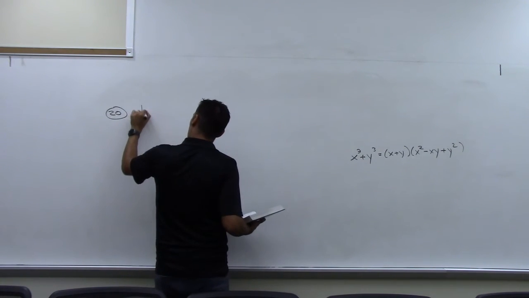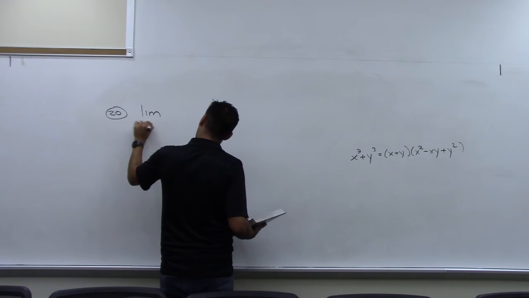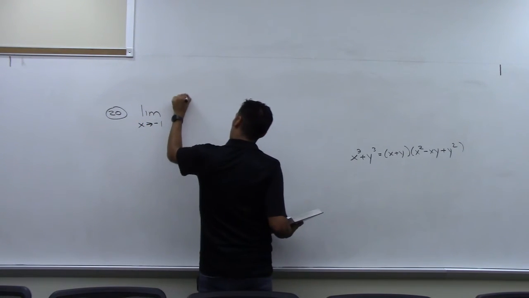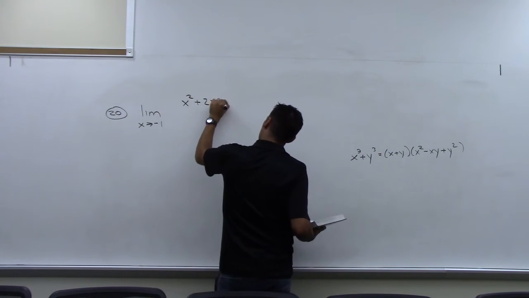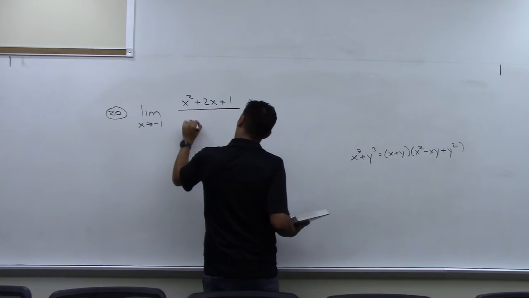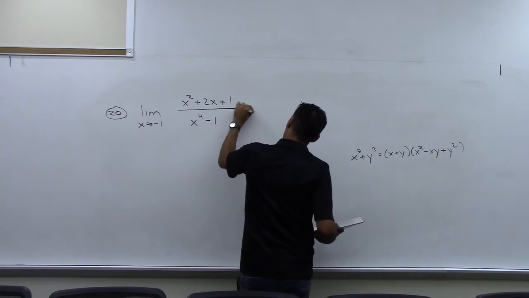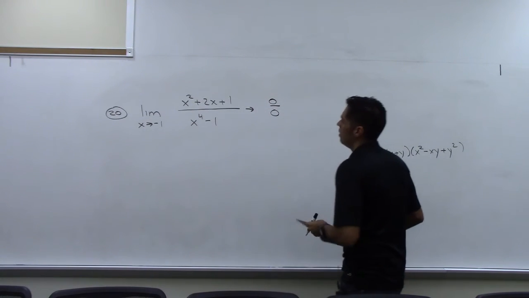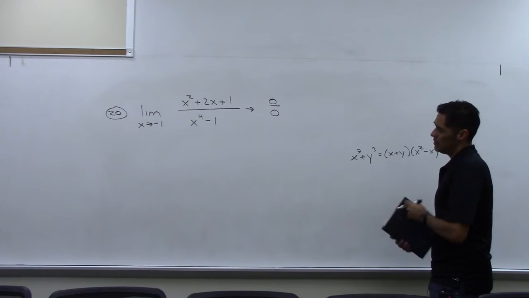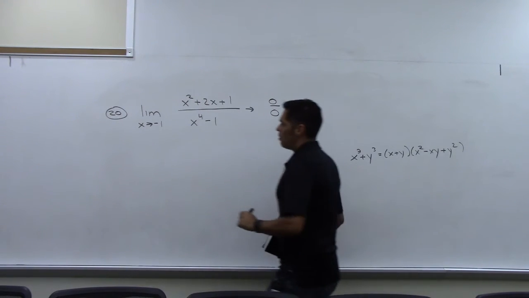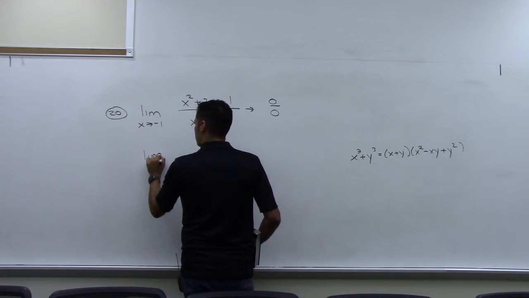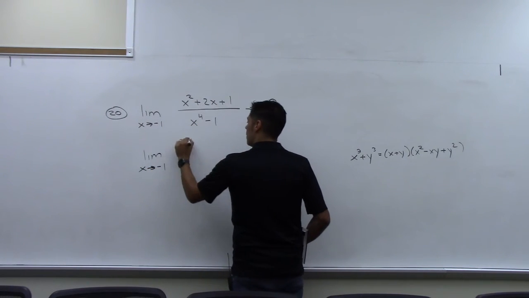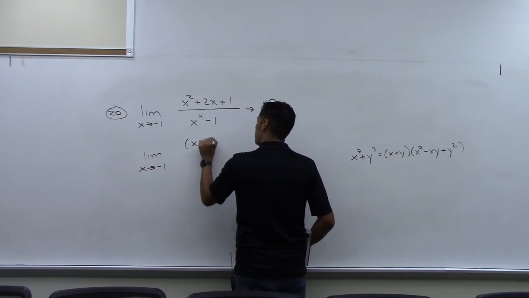Limit x approaches -1, x squared plus 2x plus 1 over x to the 4th minus 1. Check it for yourself. This is going to give you 0 over 0. All right? So it's a bad situation. I'm going to factor because I recognize some of these things can be factored. This up here is what we call a perfect square trinomial.